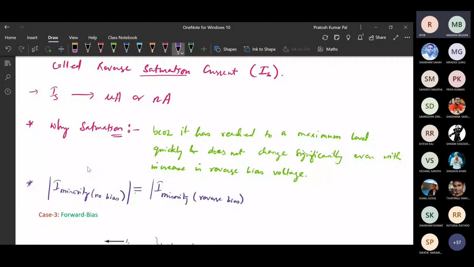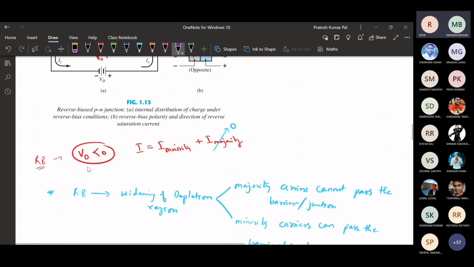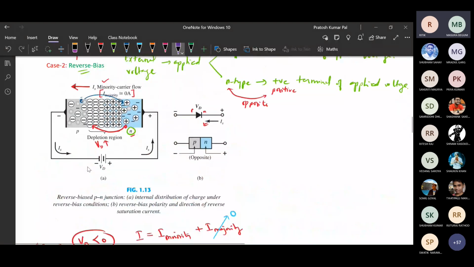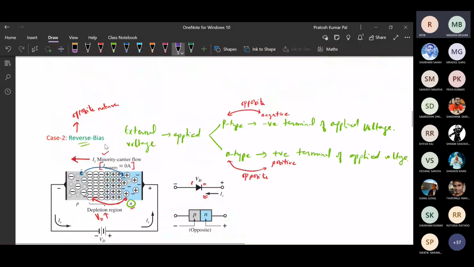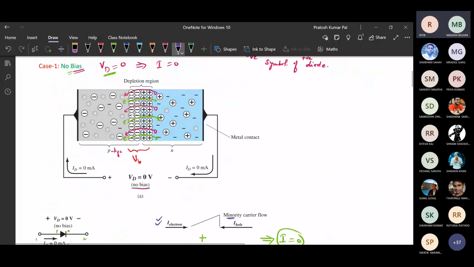That means whatever reverse current was flowing when no bias voltage was applied, the same amount of reverse current will be flowing even if we have applied the reverse bias, because a very limited amount of minority charge carriers are available. The minority charge carriers are very less in quantity. That's why whatever quantity is moving in the reverse bias case, the same amount of charge carriers are moving in the no bias case also. That's why the current is almost considered to be similar.